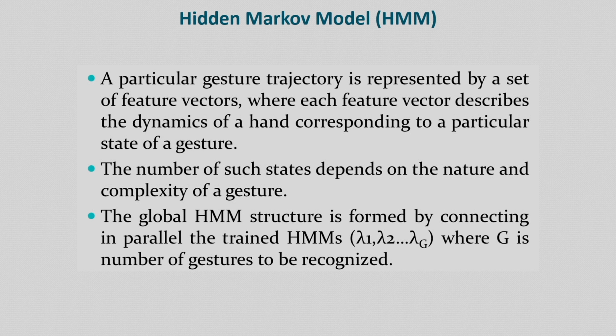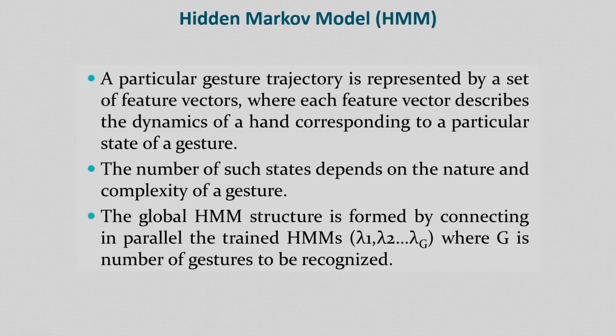The number of such states depends on the nature and the complexity of the gestures. So the number of states of the hidden Markov model depends on the nature and the complexity of a particular gesture.